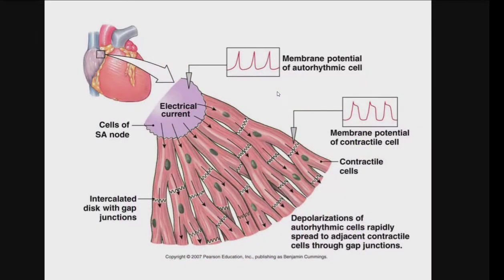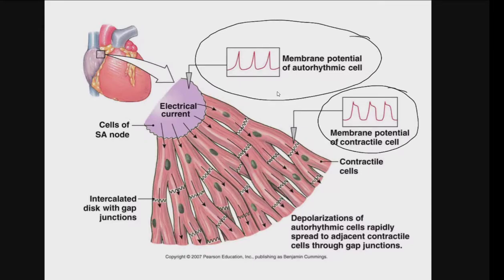So this picture looks at autorhythmic cells versus the contractile cells. And again, really all this is showing is that the electrical depolarization that occurs in the autorhythmic cells is going to propagate through gap junctions to all of the myocardium. Now, you might notice, based on this image, that this looks familiar, right?